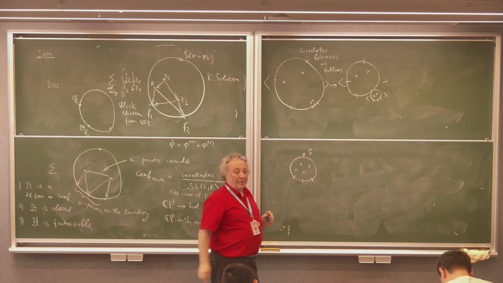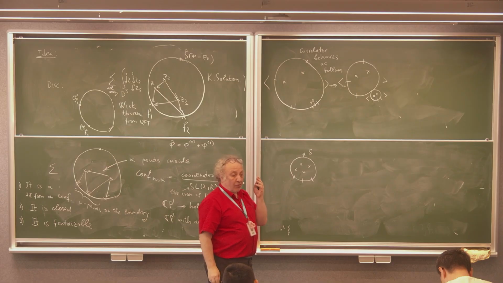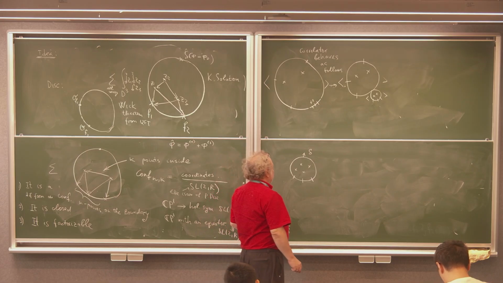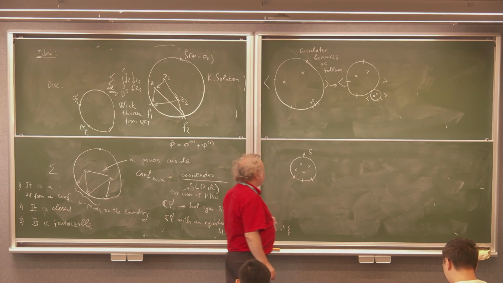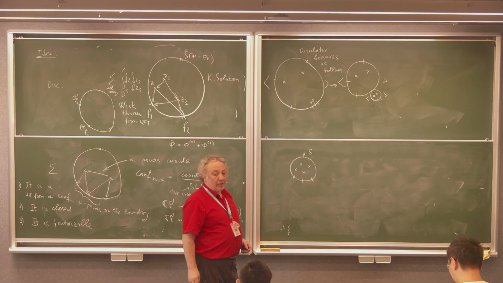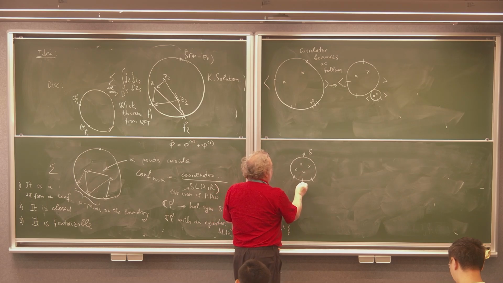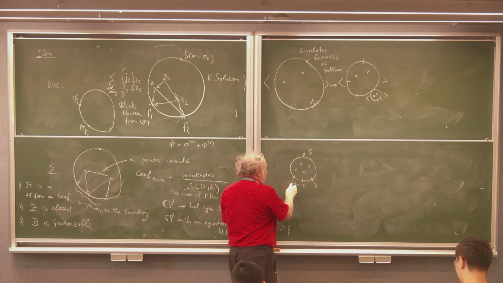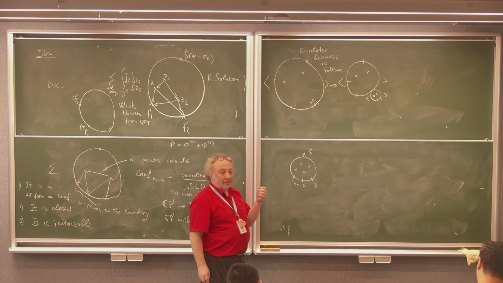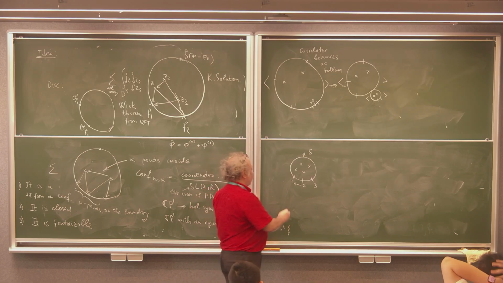Not 2, as I studied before, but 3. 3 is not 2, they're different; it's not a misspelling. This space has the following boundary. It has a boundary when 2 goes to point number 1, which is one boundary component.